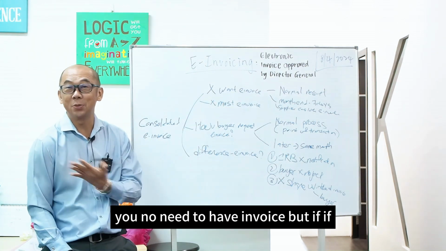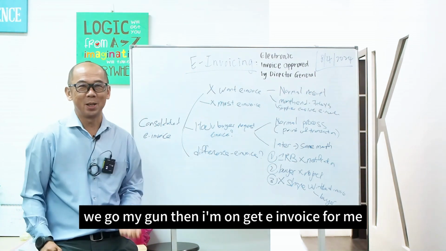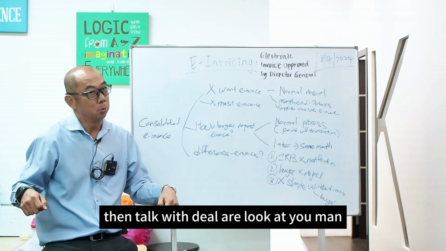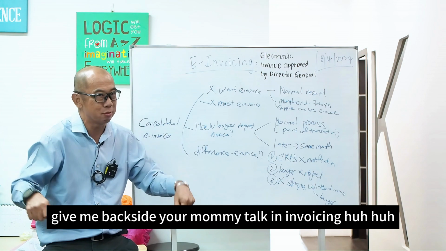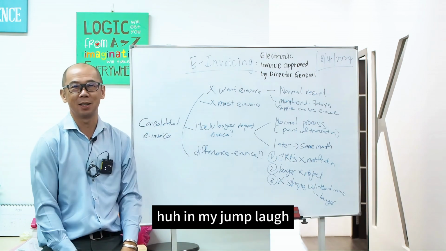But if after half a round we go makan, and Aiman asks for an e-invoice for me, then the chao kway teow seller will look at you: 5 ringgit and you want e-invoicing? Right.